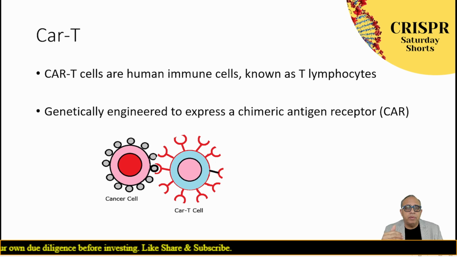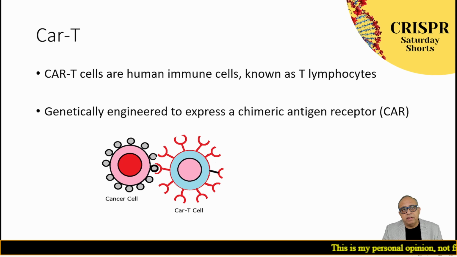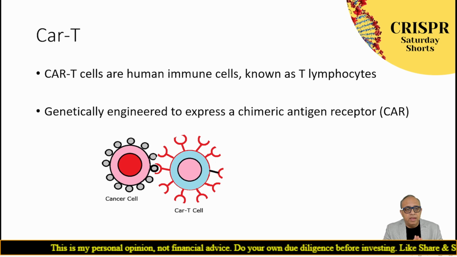In the autologous approach, what happens is the clinicians first identify the specific antigen produced by the cancer cells in the patient. And having identified that, they make a note of it because they have to now design a chimeric antigen receptor that targets those antigens.